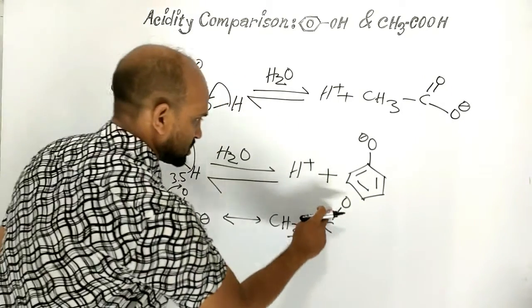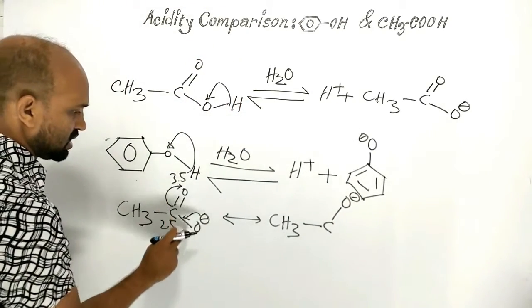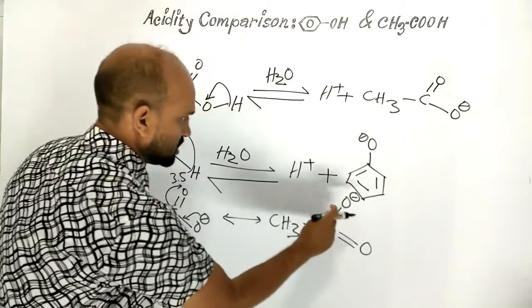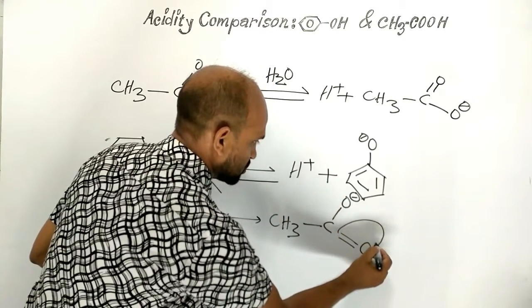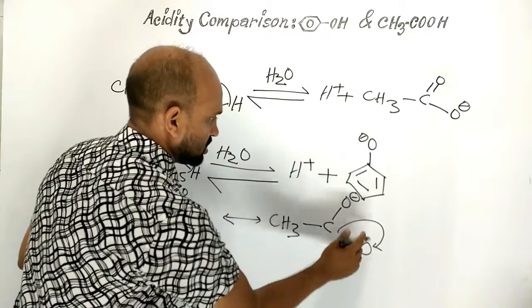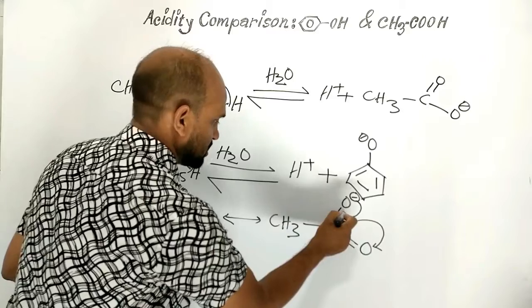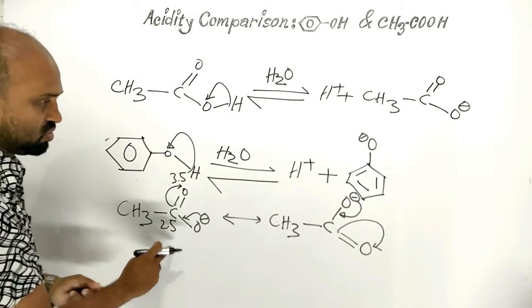The double bond becomes a single bond with negative charge, and this single bond becomes a double bond. Similarly, these pi bonded electrons move towards oxygen, and this lone pair of electrons turns into a bond pair. Again, this ion is obtained.